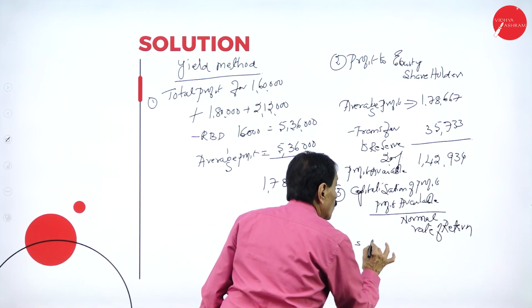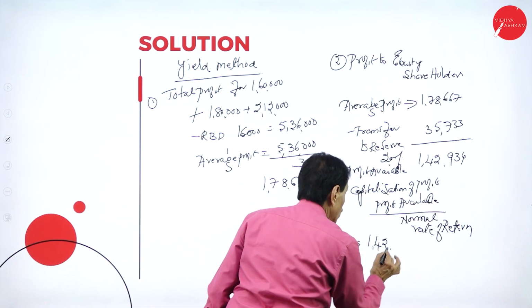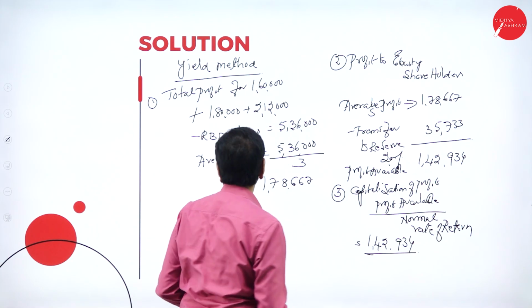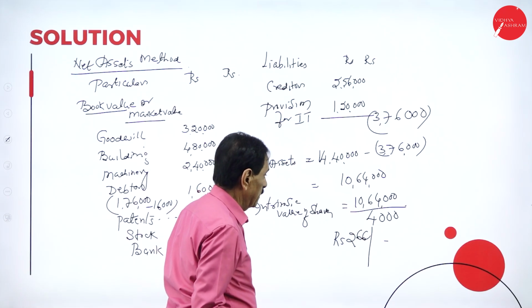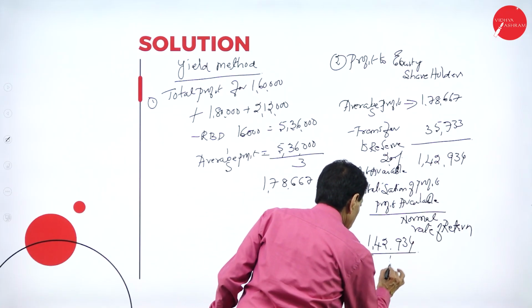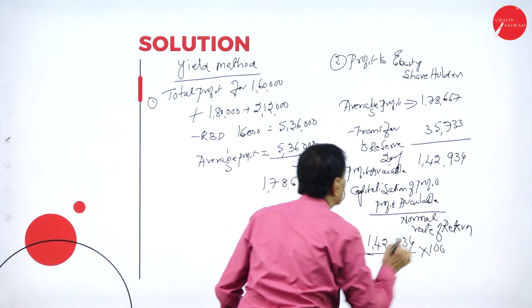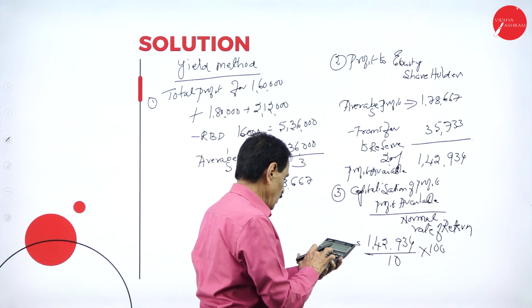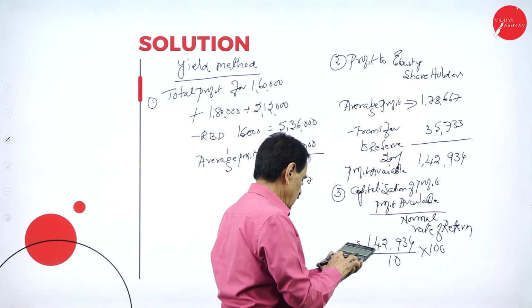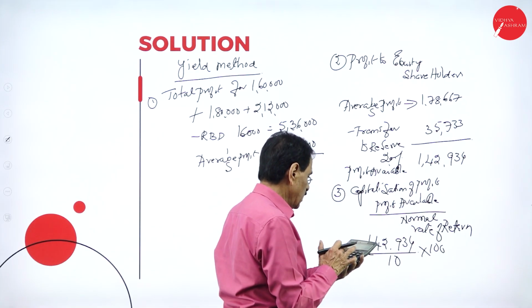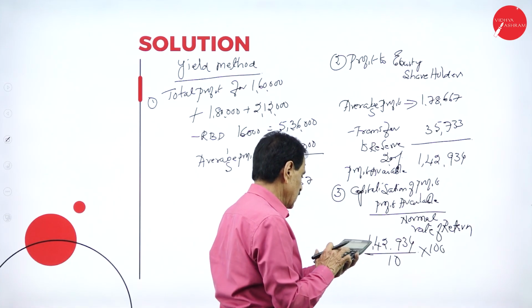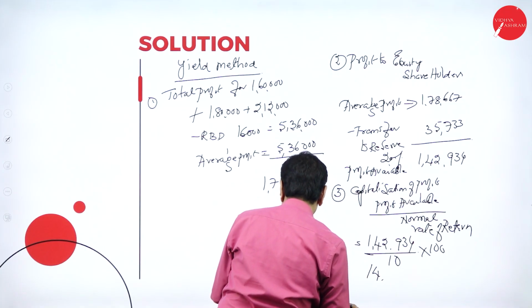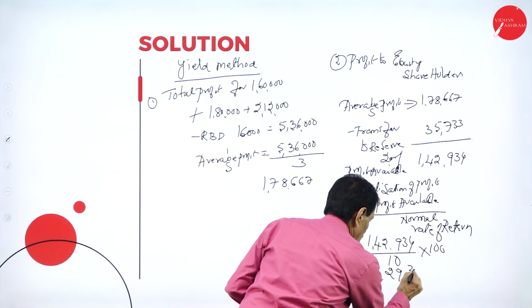This is 1,42,934 divided by the normal rate of return, which is 10%. So 1,42,934 divided by 10 into 100 is 14,29,340.